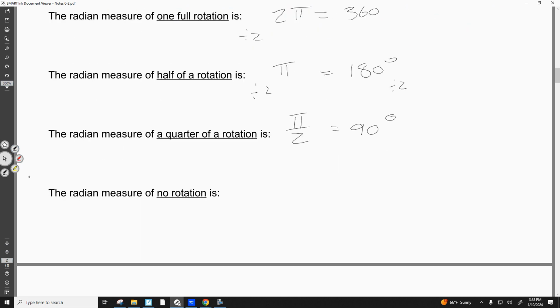So, we're still starting at 0. 0 degrees is equivalent to a distance of 0 radians around the arc of this unit circle. Great. Now, let's find some other interesting radian measurements.